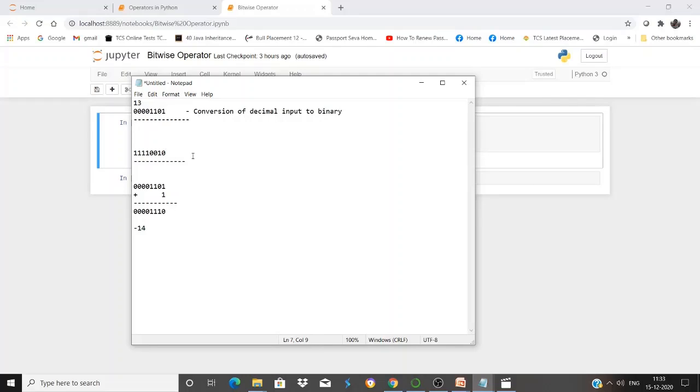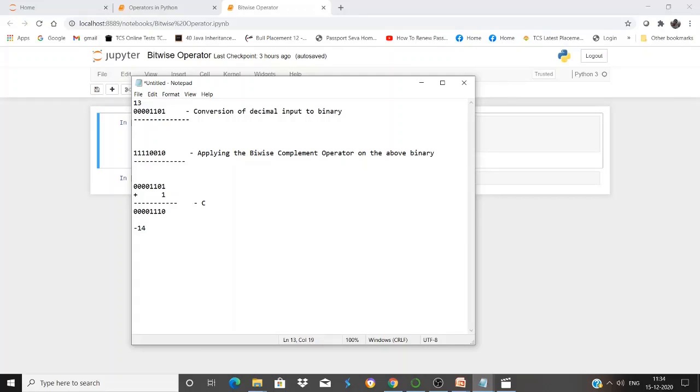The second part is about applying the bitwise complement operator on the above binary.